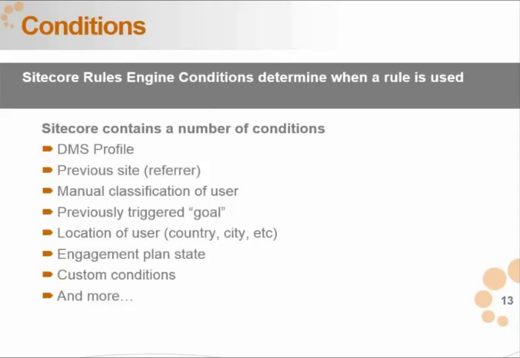Or you can define the plan to send out another email or another discount coupon about that product that they land on. And there are so many more custom conditions that you can do with the rules engine, because Sitecore provides a rich set of rules that you can set.